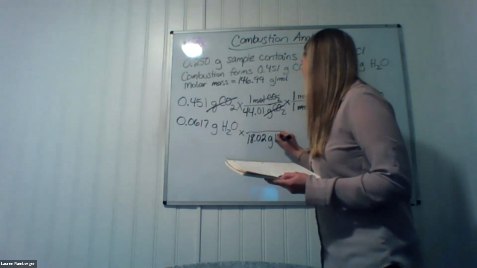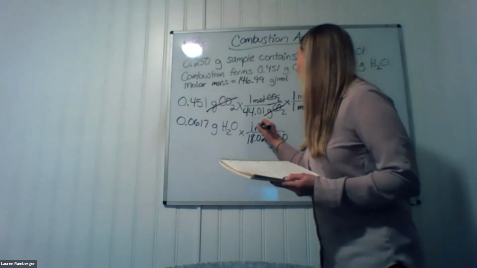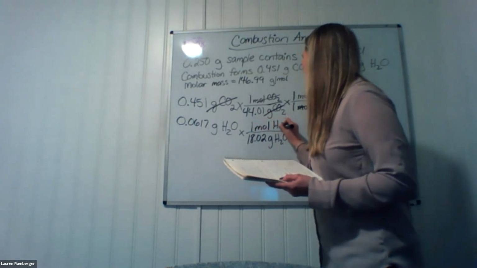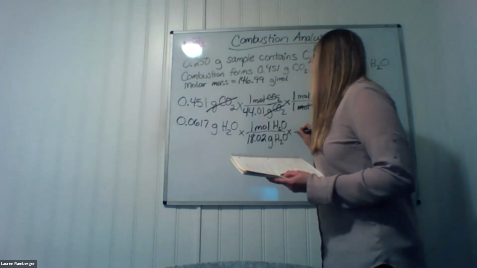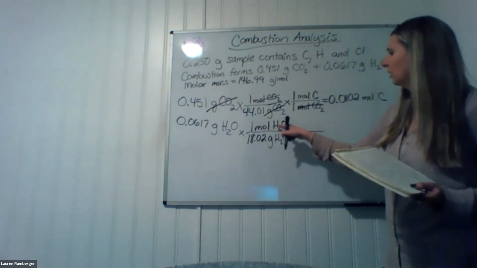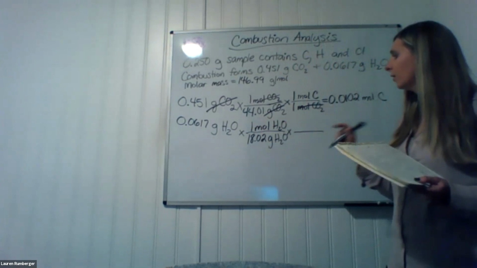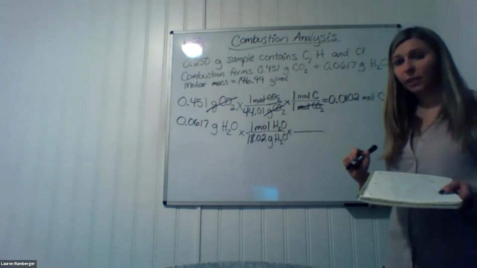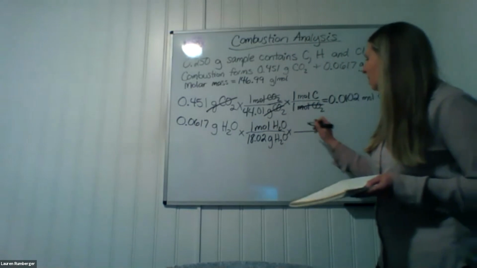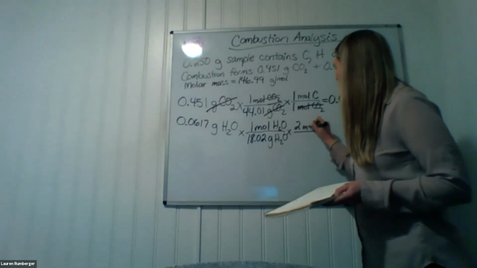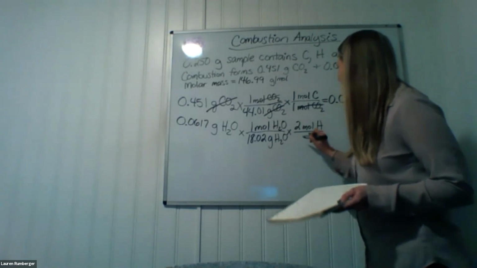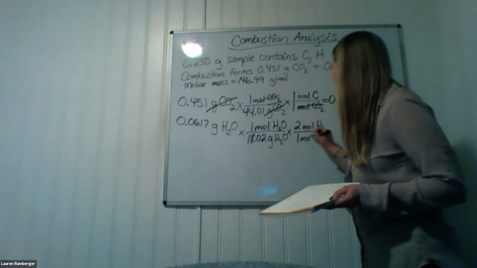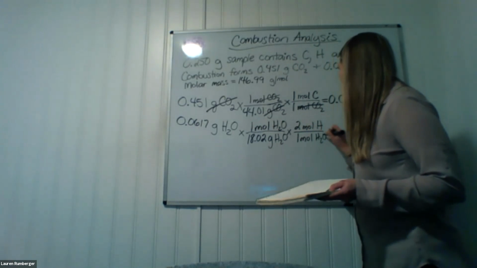18.02 grams of water per 1 mole of water. Now, how many moles of hydrogen is in 1 mole of water? There are 2 hydrogens in water. That means that there are 2 moles of hydrogen per 1 mole of water.